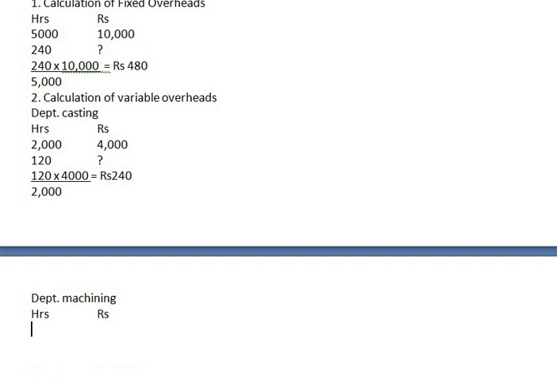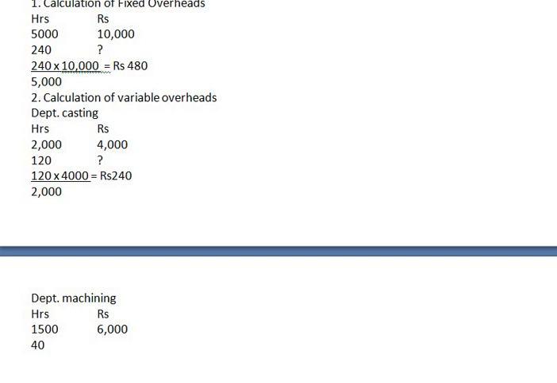Now, how much have they given? For department machining, for 1500 hours, 6000 is paid.